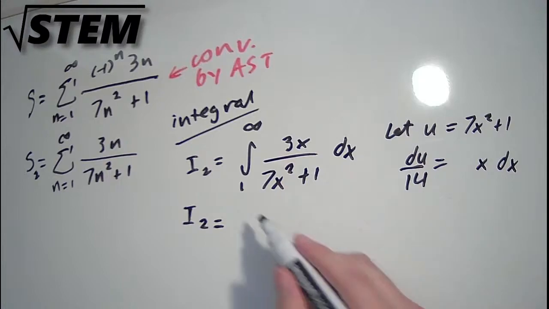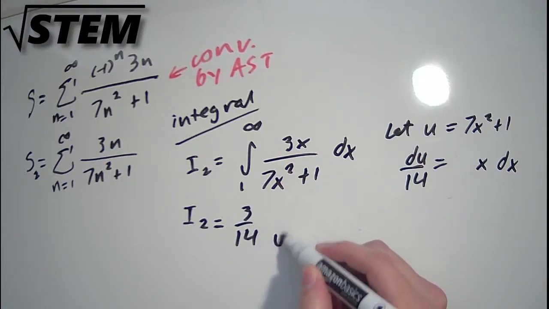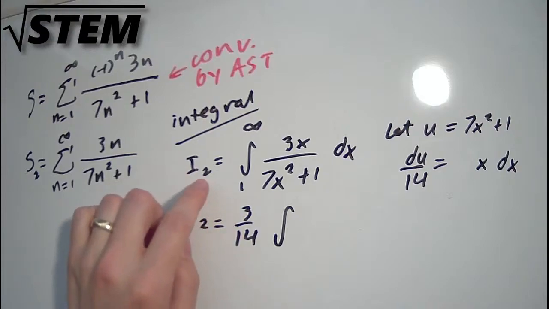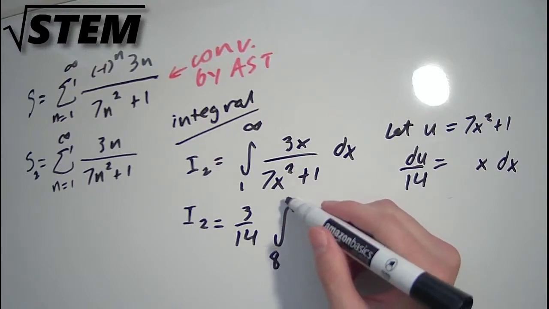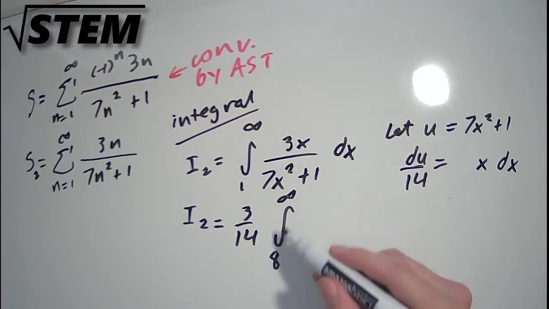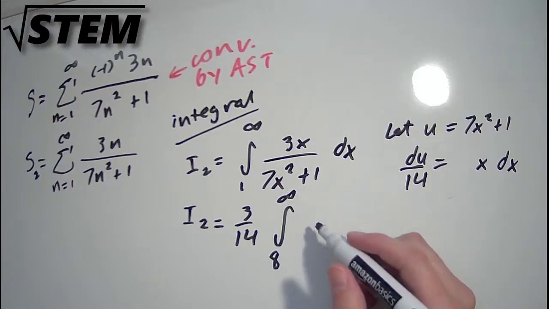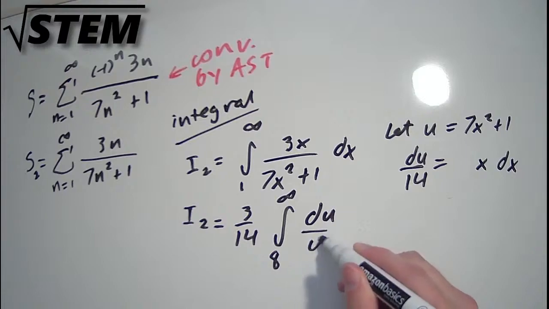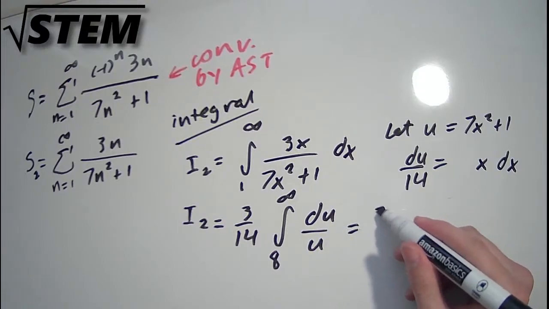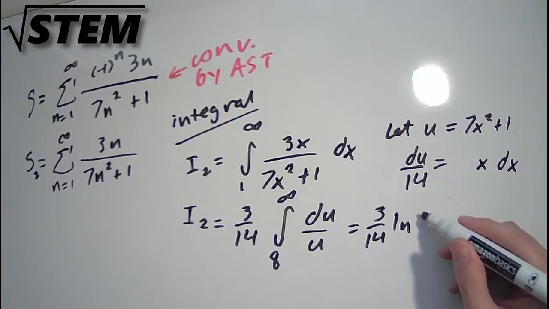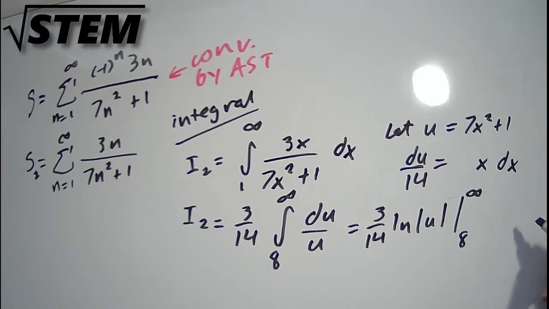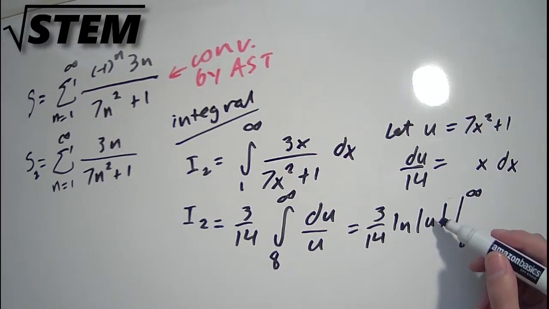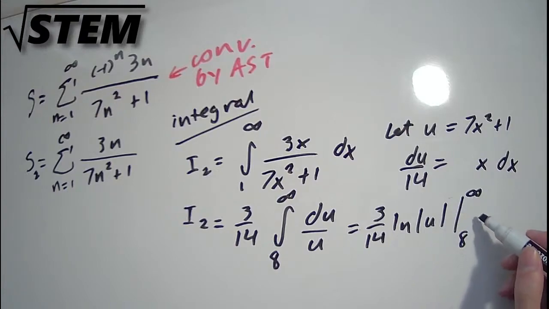I2 will be 3 over 14 times the integral from 8 to infinity of du over u. So that's 3 over 14 times the natural log of the absolute value of u from 8 to infinity. And just like last time, natural log of infinity minus natural log of 8 is going to be infinity.